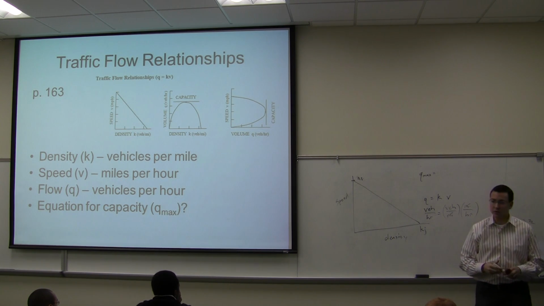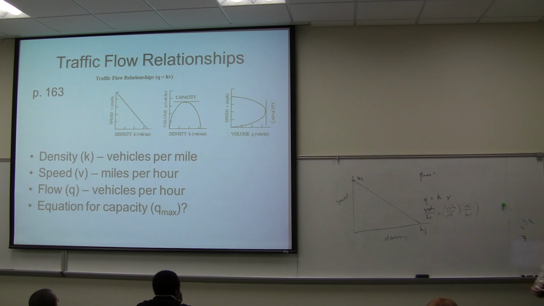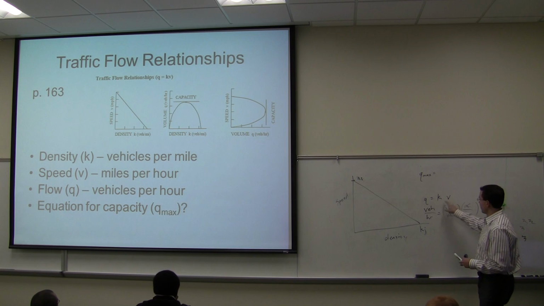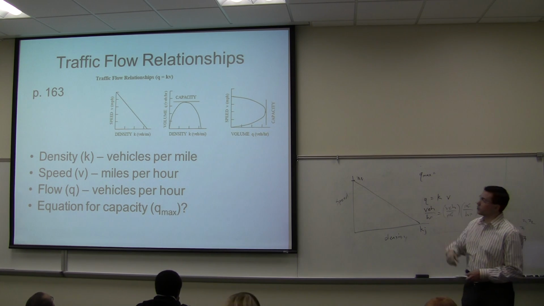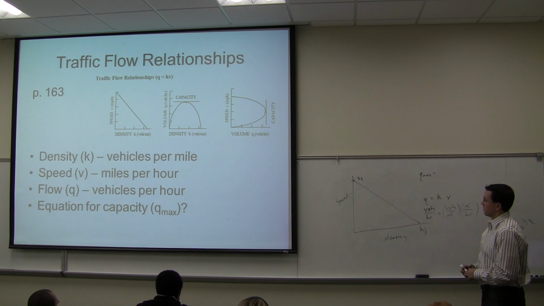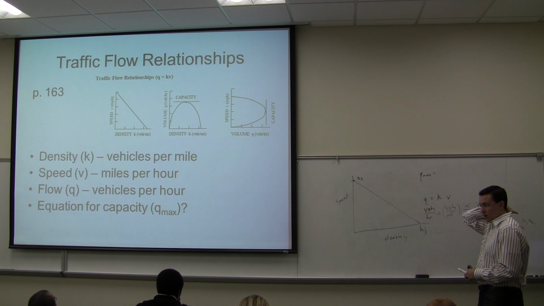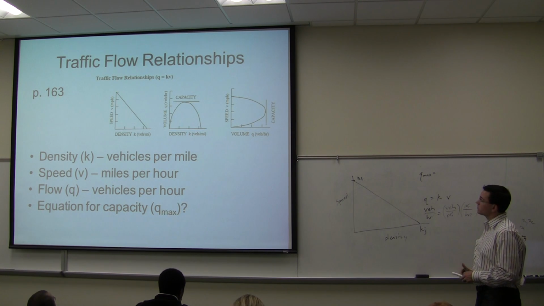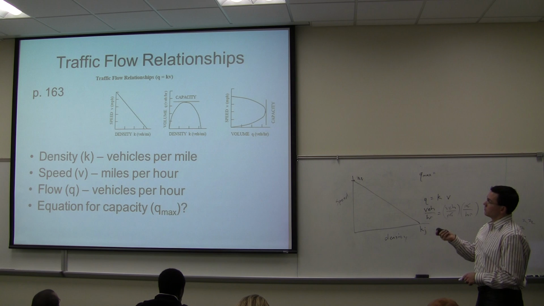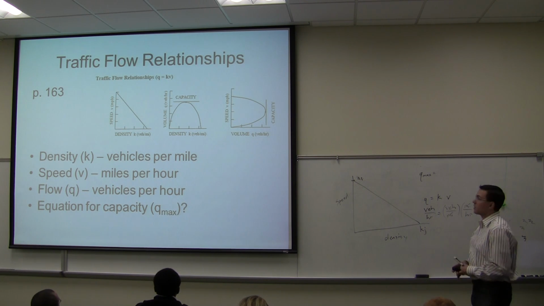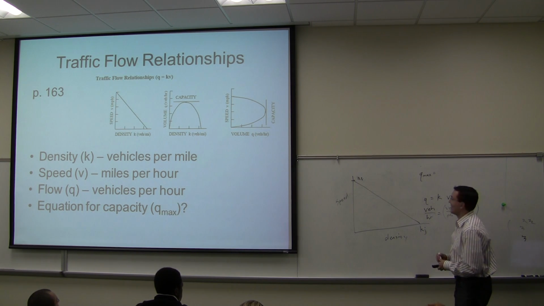A lot of these relationships, just maintaining your units, you can go through and do the calculations. Based on this relationship and what you're given, how would we calculate Q max? How do you calculate capacity? What is the density? Half of both, actually. Half the density and half the speed.